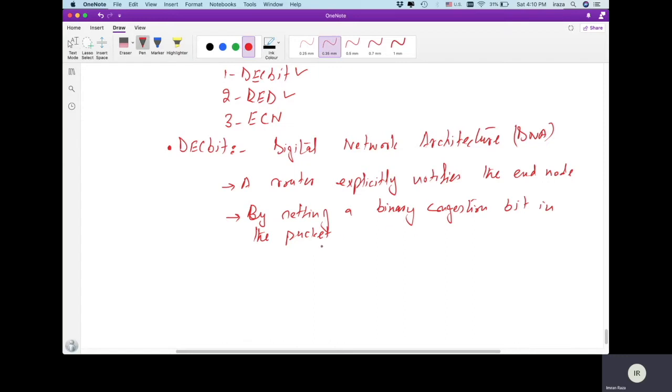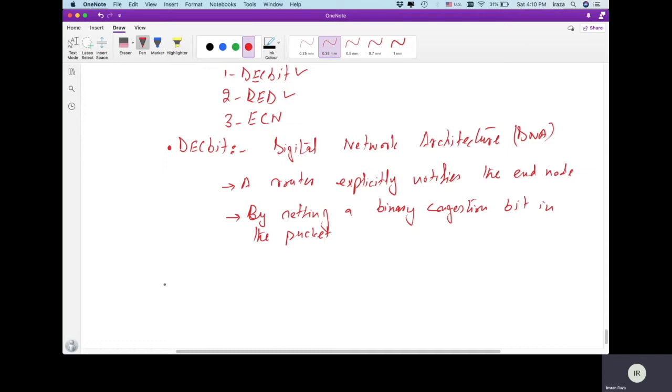The packet is forwarded to the destination. The destination host then copies this congestion bit into the acknowledgement to notify the source that there is a possibility of congestion and it needs to slow down the sending rate.